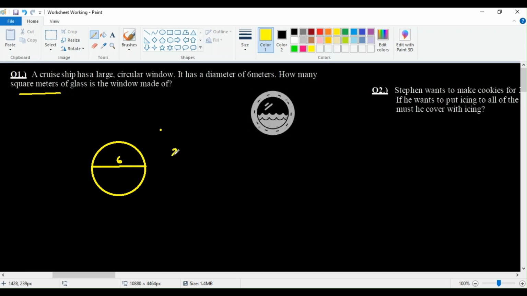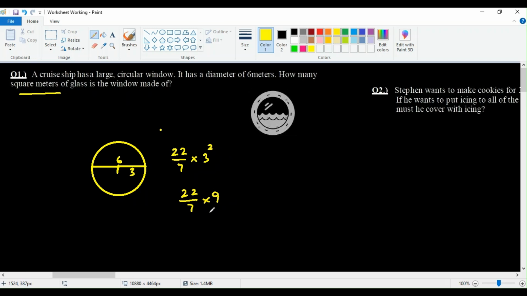That means 22 over 7 is going to be multiplied by 3 squared, because the diameter is 6, so that means the radius is going to be 3 centimeters. So this is the formula, and in here 22 over 7 is to be multiplied by 9.